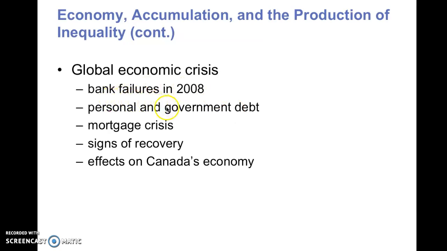You had things like debt that was very marginal, that had been bought and sold as good debt, and when the economy turned south, that began to unravel. You had the housing bubble burst.